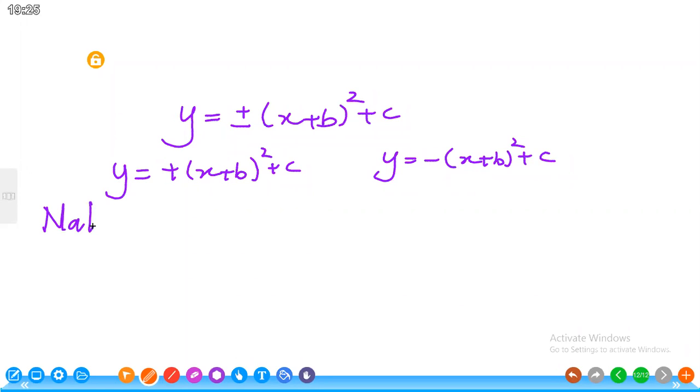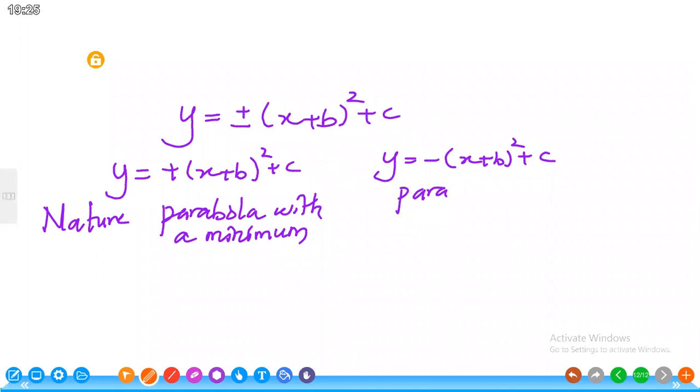What is the nature of the graph? Parabola with a minimum, because the coefficient of x squared is positive, so you will obtain a parabola with a minimum. But here the graph is a parabola with a maximum point, because the coefficient of x squared is negative.